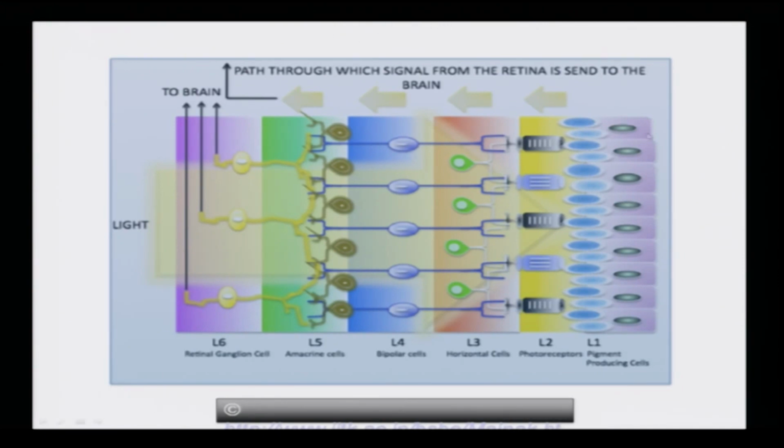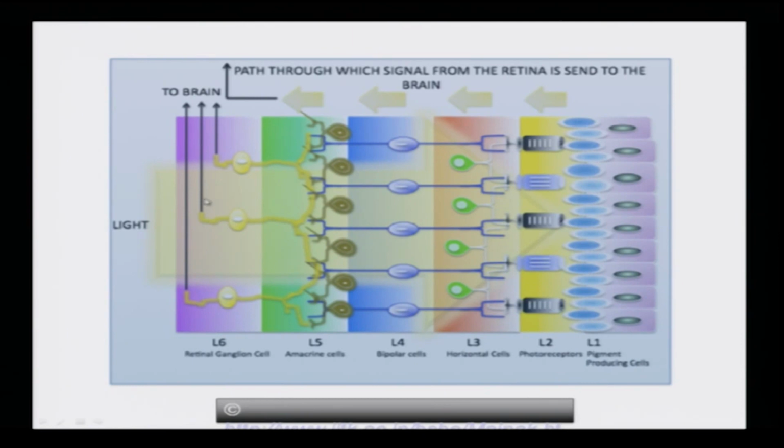In this blown-up picture, you have the pigment epithelial cell sitting at the base. On top of that, you have these violet and black shaded rods and cones, then the horizontal cells, the bipolar cells, and the amacrine cells. Go through it. Here you have the retinal ganglion cells, which carry the message to the brain, and this is how the light falls.